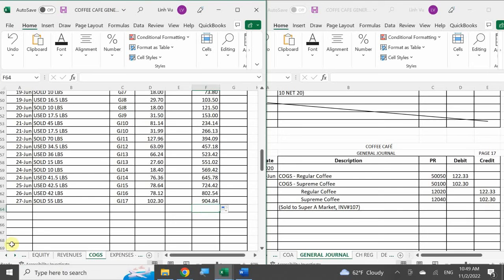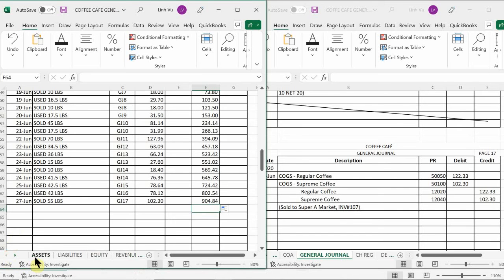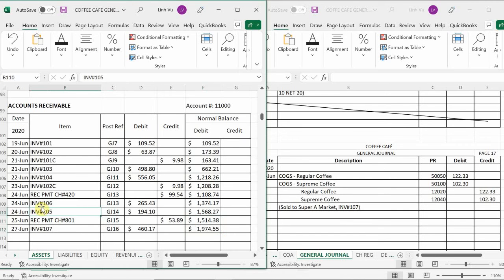Now, inventory. We need to update our inventory.